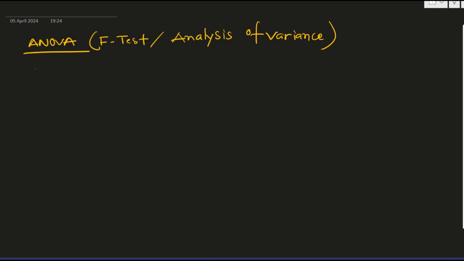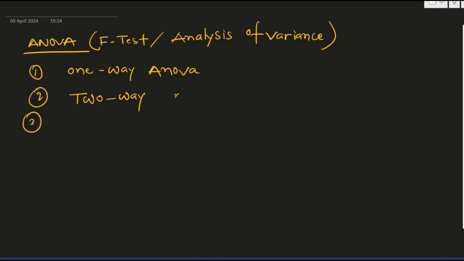And the types of ANOVA that we have are one-way ANOVA, two-way ANOVA, and repeated measures ANOVA.